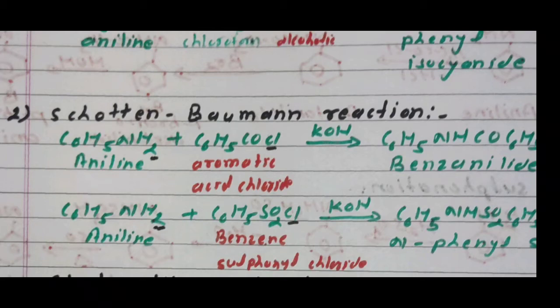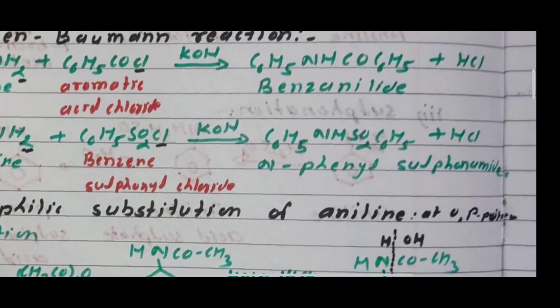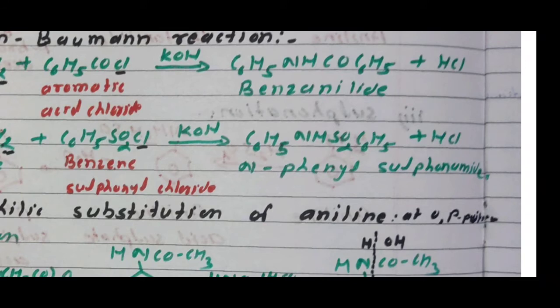Then Cl from benzene sulfonyl chloride and one of the H from aniline are released in the form of HCl, and here the attachment gives C6H5NHSO2C6H5. The name of this compound is N-phenyl benzenesulfonamide, formed by releasing an HCl molecule.